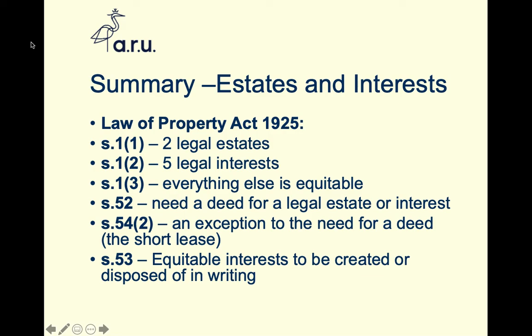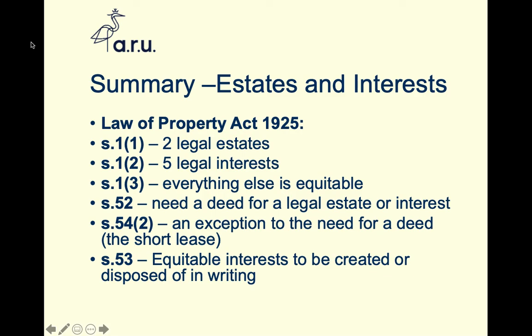So again, what I need us to know going forward, I want you to look at that exercise that we just did a moment ago and make sure that you're bedded into understanding and looking at a plot of land and seeing how the fee simple absolute in possession holder carves out these other forms of legal estates and interests, and whether then there could be an equitable interest aside from those.